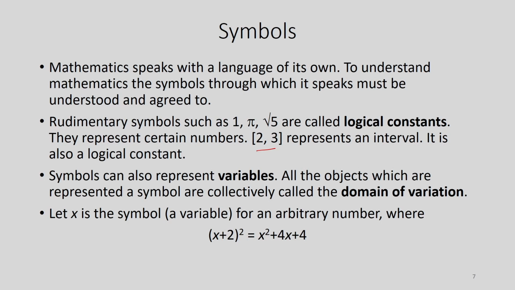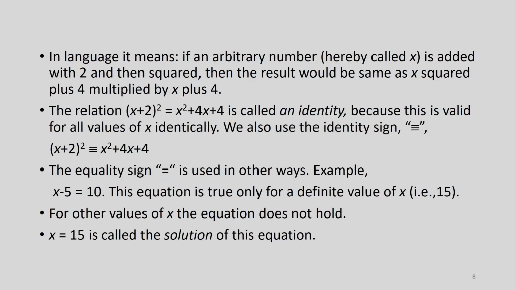Look at this relation: (x+2)^2 basically means (x+2) multiplied by (x+2), and on the right hand side you have x^2 + 4x + 4. I have written this in terms of symbols, but if I want to say the same thing in ordinary English, it means: if an arbitrary number, hereby called x, is added to 2 and then squared, then the result would be the same as x squared plus 4 multiplied by x plus 4.